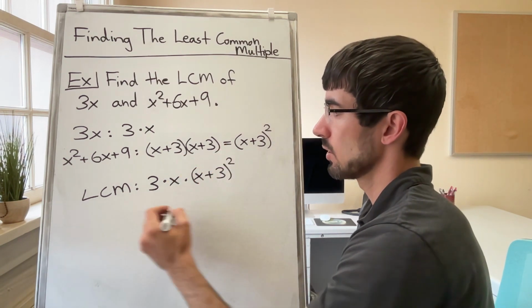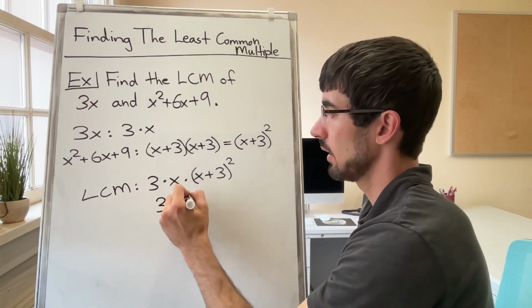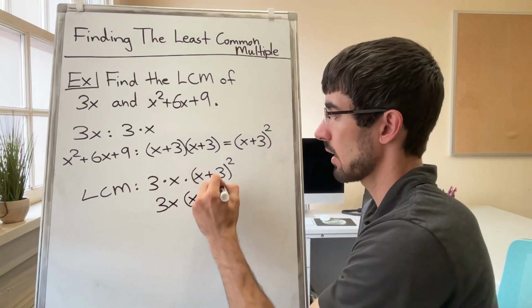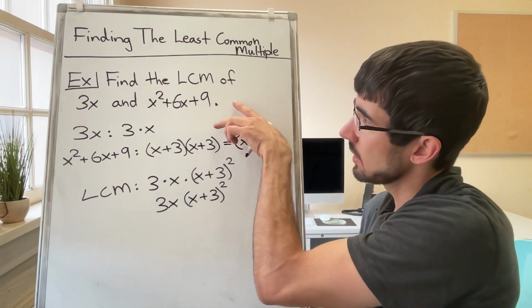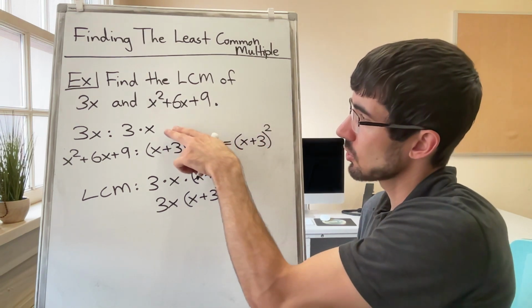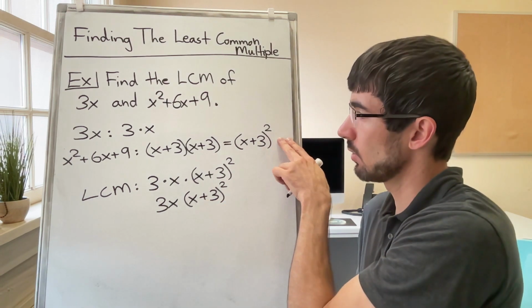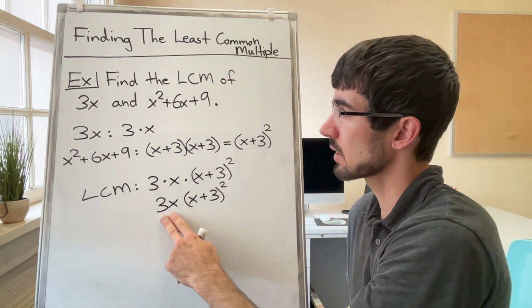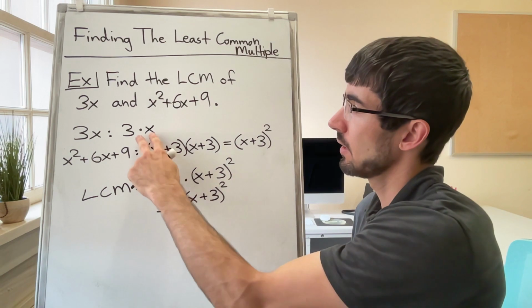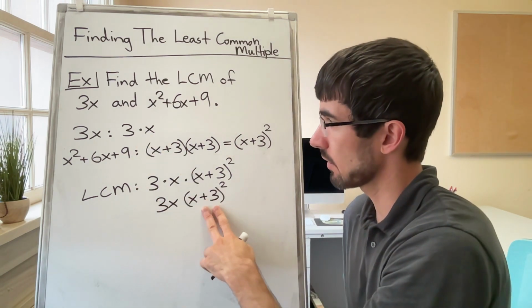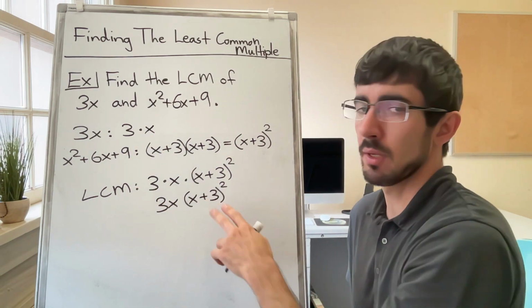I'm not going to multiply this all out. I would usually leave this LCM in its factored form, and then, if I'm building up these terms to make this LCM, I multiply by whatever is missing. So this one needs to be multiplied by x plus 3 squared to make the LCM, and this one must be multiplied by 3x to make the LCM.